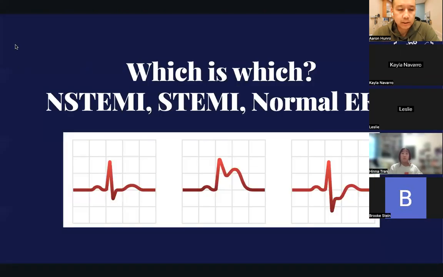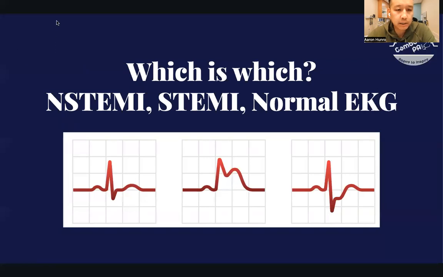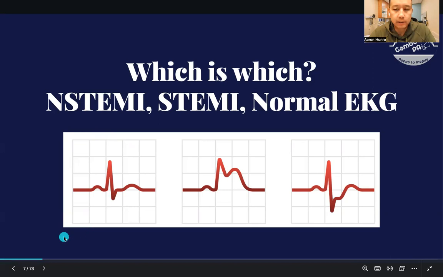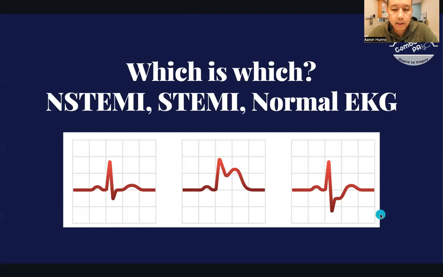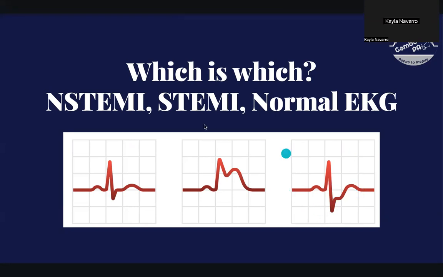All right, so between these 3 patterns on an EKG, which one is a normal EKG? Which one's an NSTEMI? Which one's a STEMI? Let's start with this one on the left. What is that? Normal. How about this middle one? STEMI. And the one on the right? Non-STEMI. Perfect.